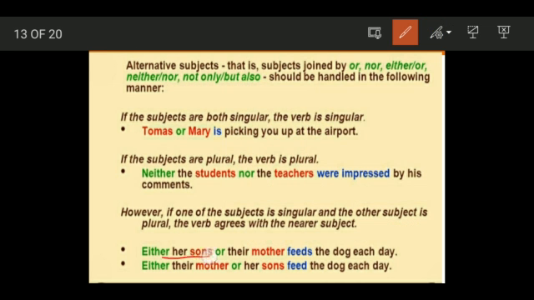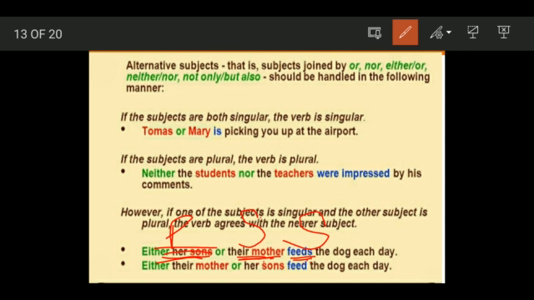Either her sons, plural, or their mother, singular. Which subject is closest to this verb? Mother, their mother. So the verb will be in accordance with that. Here it is a singular subject, so the verb will become singular. We will not take into consideration her sons. Only the subject close to the verb, we will write accordingly.